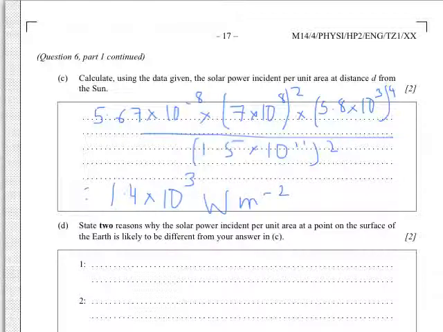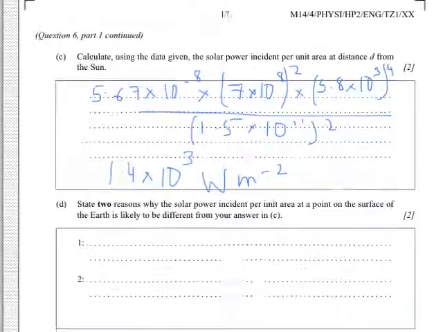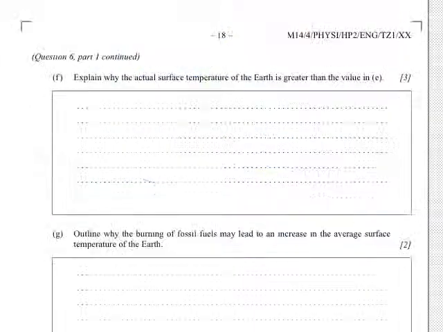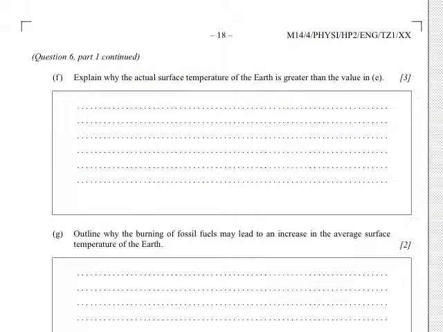Okay, so part D, state 2 reasons why the solar power incident per unit area at a point on the surface is likely to be different from your answer in C. Well, basically, because there's a lot more going on. If we think about it, 255 Kelvin, that's below zero.